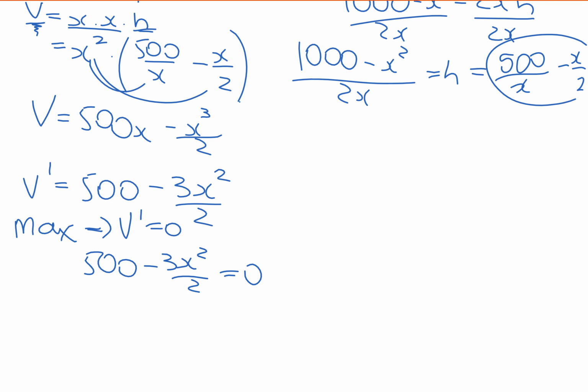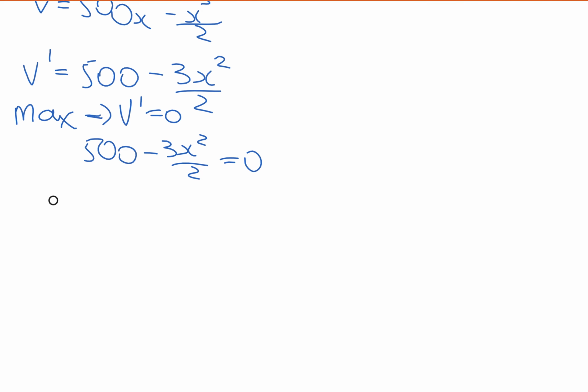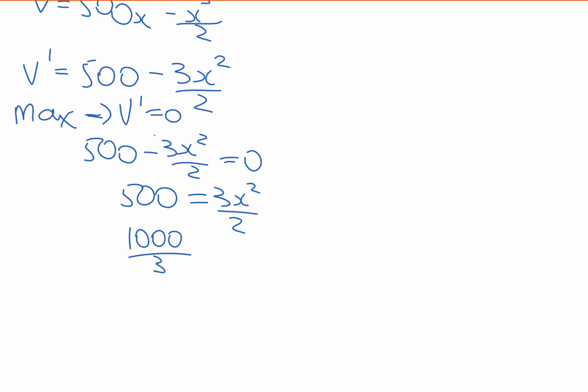How am I going to solve that? There's an easy way to solve that without doing any sort of factorising. I'm going to add that to the other side so that I've got a positive 3x squared over 2, times by 2 divided by 3. Now how do I find that answer? Take the square root.